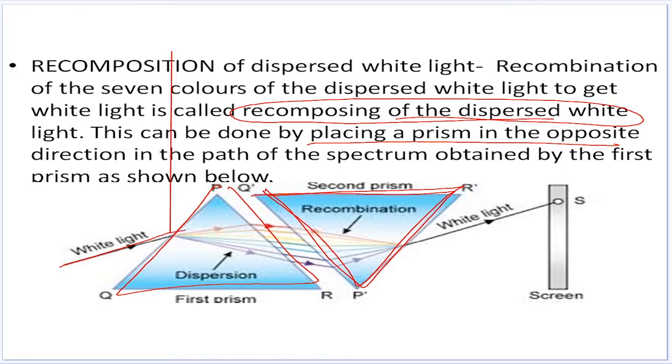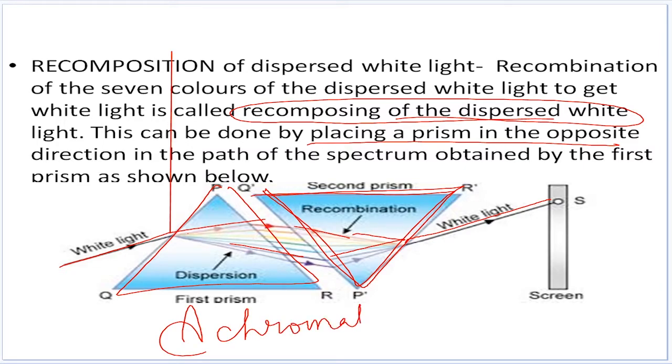Here white light is incident and gets broken up into 7 colors. These 7 colors of light again merge and recombine by the second prism, which is kept upside down, and finally we obtain white light. So this entire combination is also called an achromat combination of prisms.